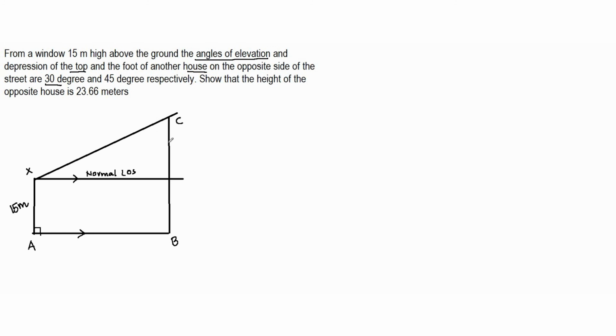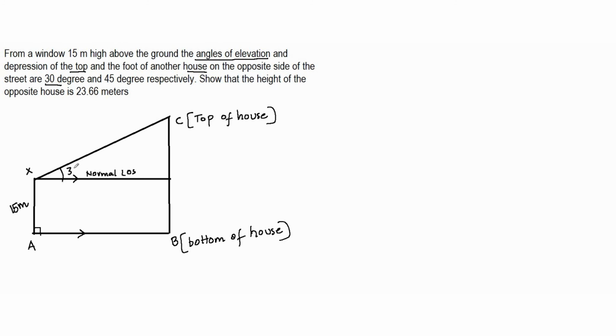So BC is the other house. C is the top of the other house which is situated on the opposite side of the street, and B is the bottom of the house. Now to look at the top of the house, you experience an angle of elevation, and it is found to be 30 degrees.